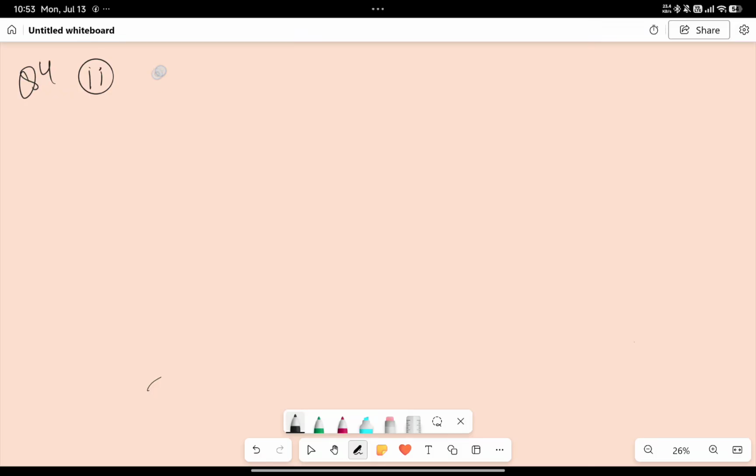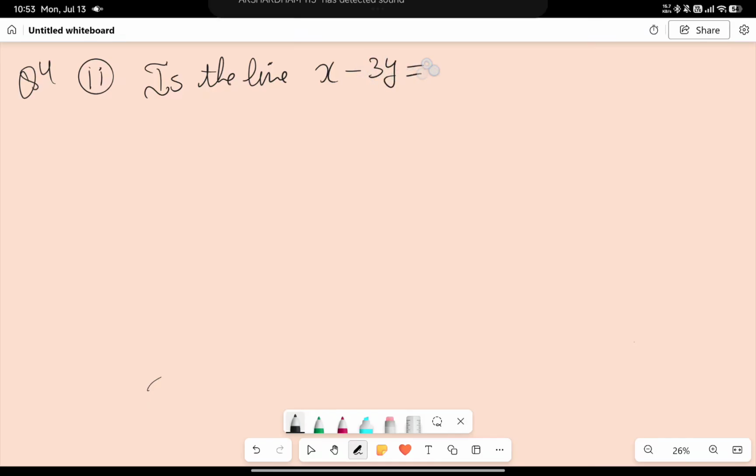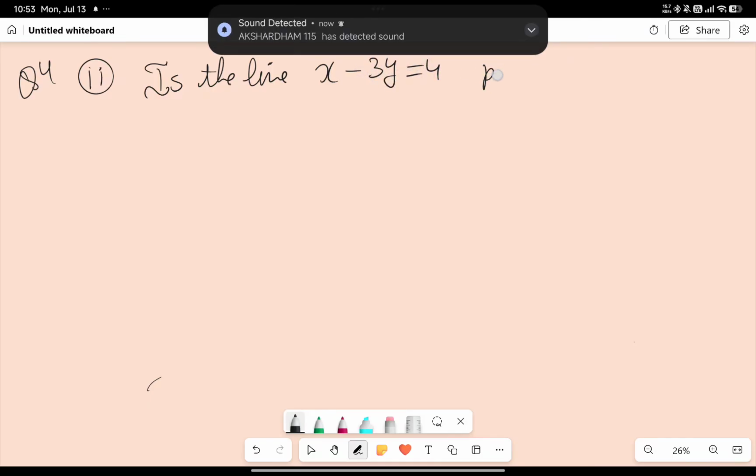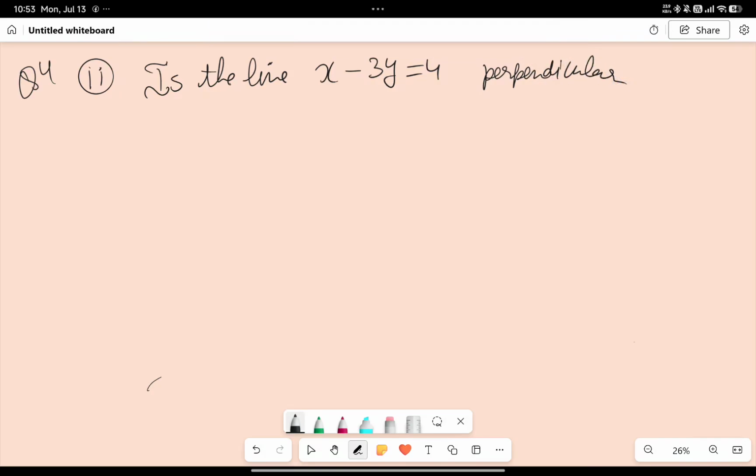Is the line x minus 3y equal to 4 perpendicular to the line 3x minus y equals 7.